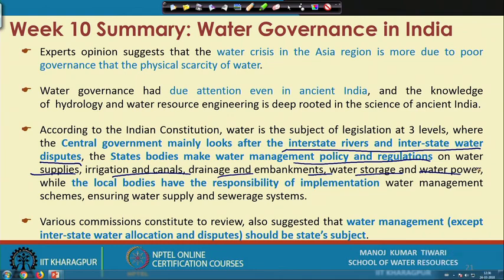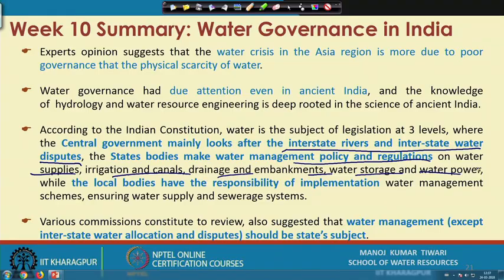In the 7th schedule, under List 1, which is under the purview of the central government, only interstate rivers and interstate water disputes are listed, while the major services related to water or the management of water are listed under List 2, which is under the purview of the state's authority.